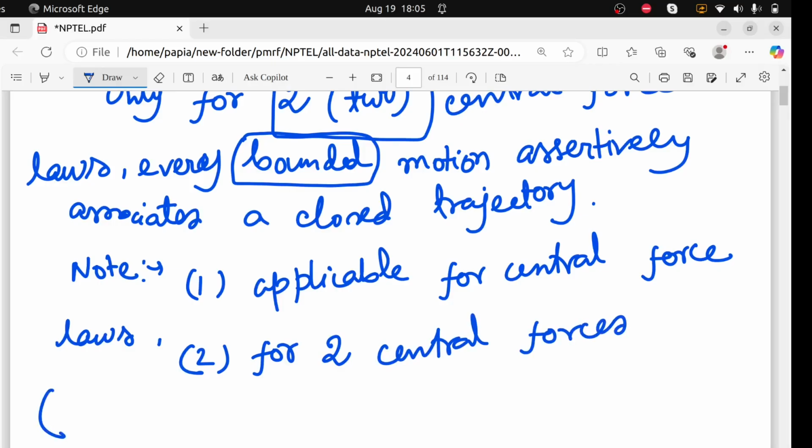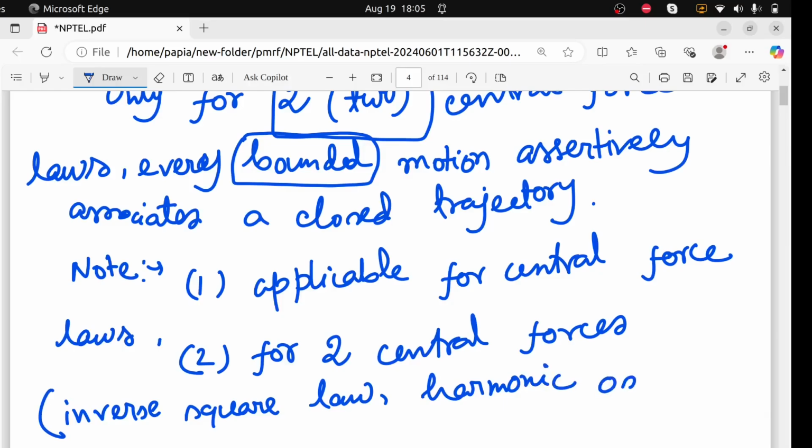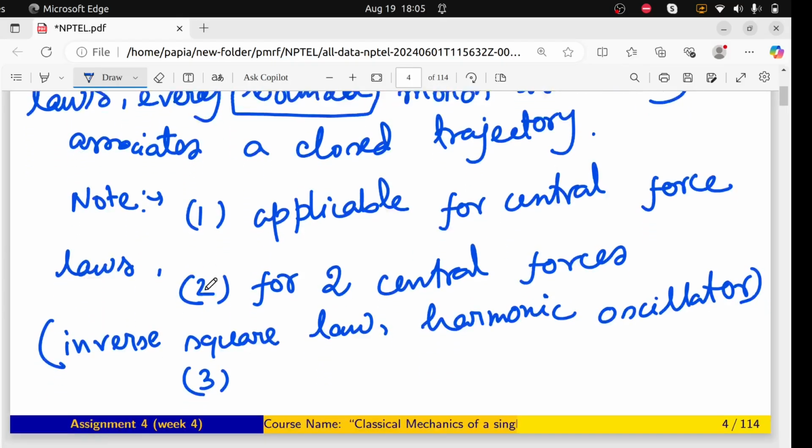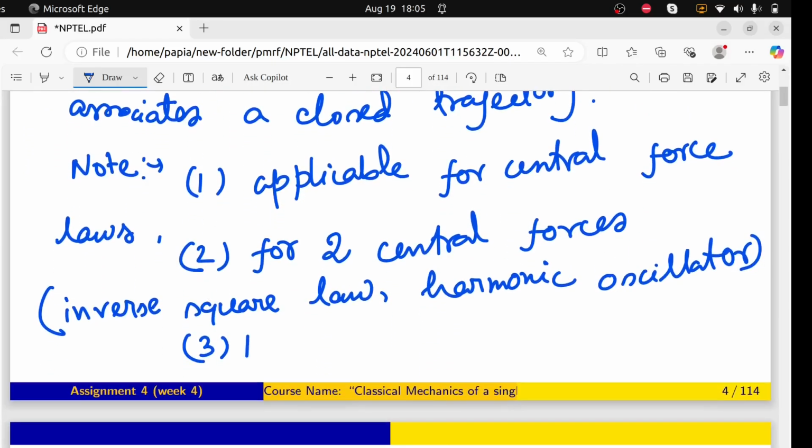What are the two? One is the inverse square law and another one is the harmonic oscillator. And the third point, which is very important, is that the orbit should be bounded.